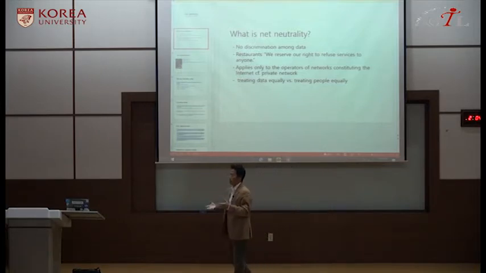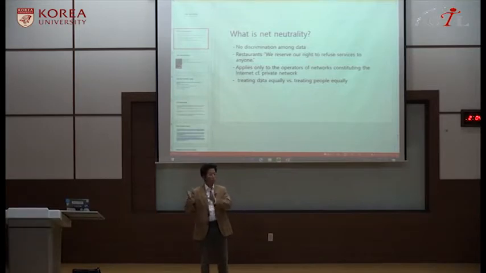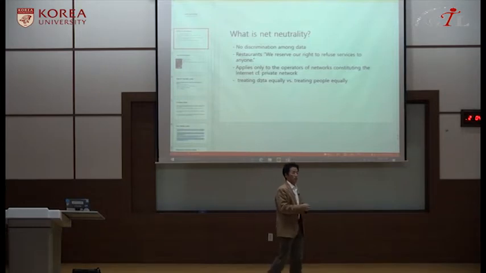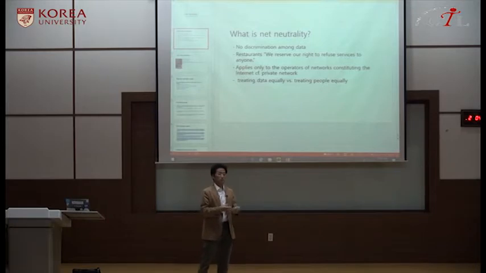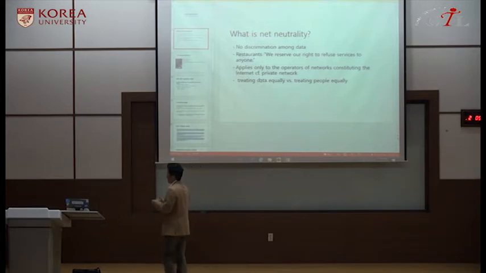The network should be neutral whether the data is composed of Microsoft Word files or Hangul files, right? Should not discriminate whether it is an Excel spreadsheet as opposed to other types of spreadsheet data.